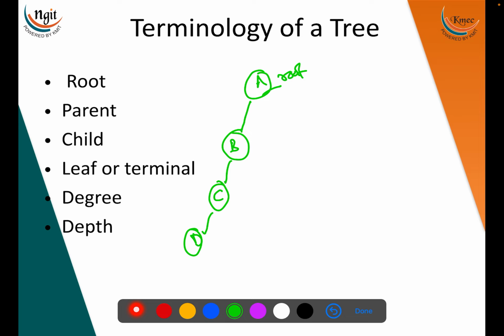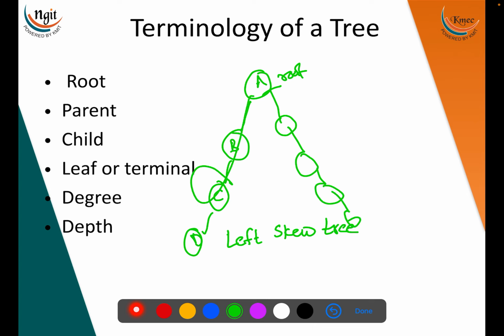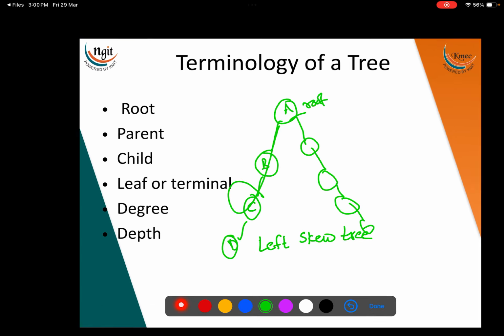Hence it is called a tree. But what kind of tree is it? It is a left skew tree, because all the nodes are arranged only on the left side. So probably you can guess what a right skew tree is. That is arranging all the elements on the right-hand side, with no element on the left-hand side. Then it is called a right skew tree.